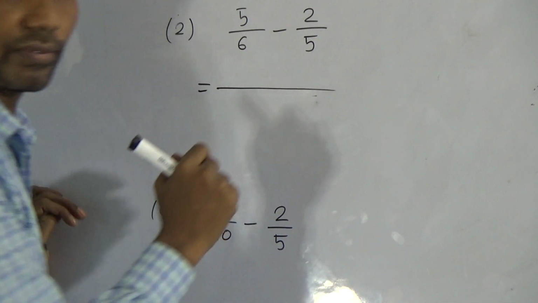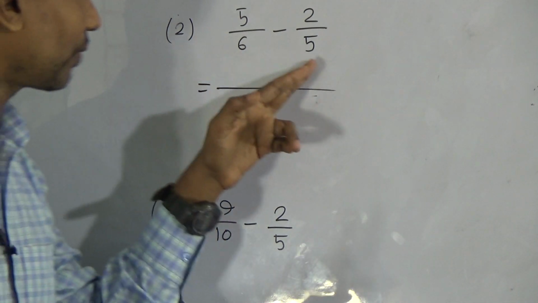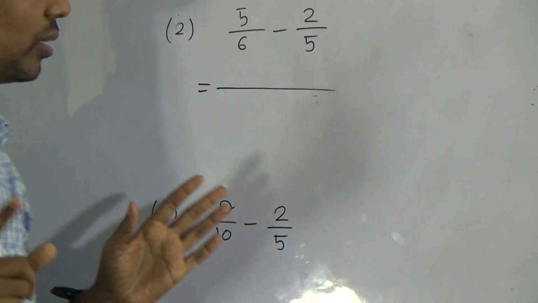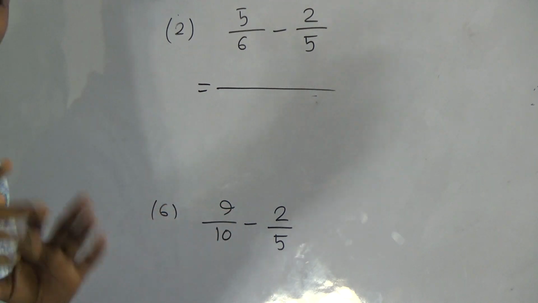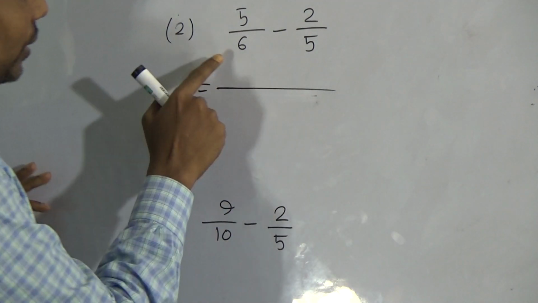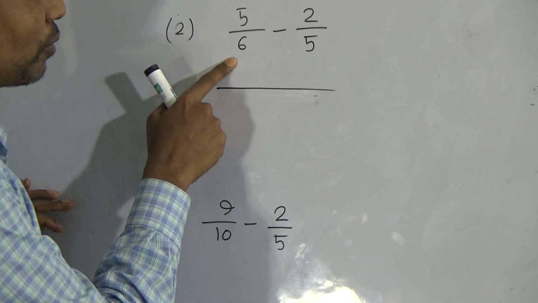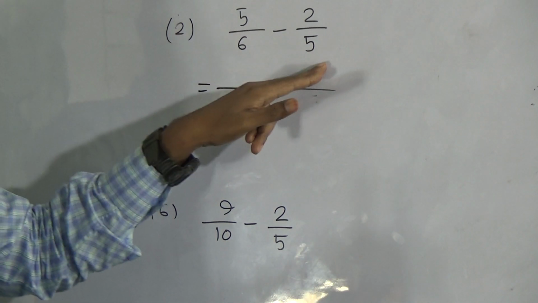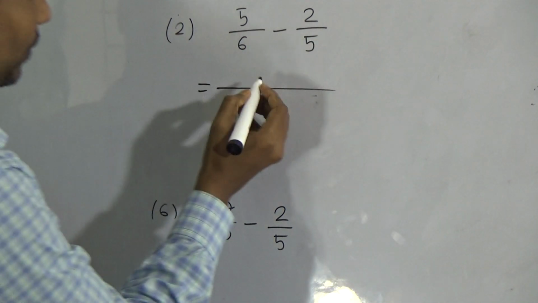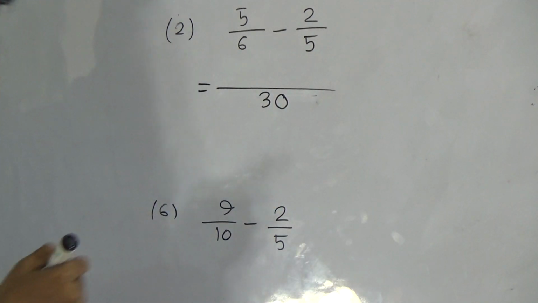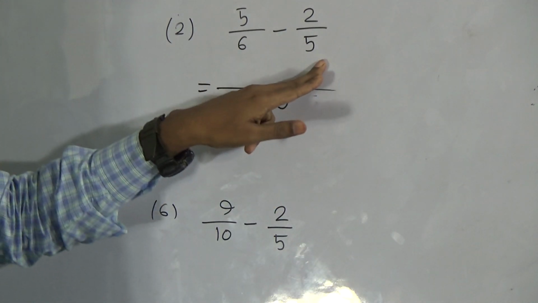Between 6 and 5 there is no common prime factor except 1, but you know 1 is not a prime number. Therefore we have to multiply 6 and 5. This is the short process. 6 fives are 30.